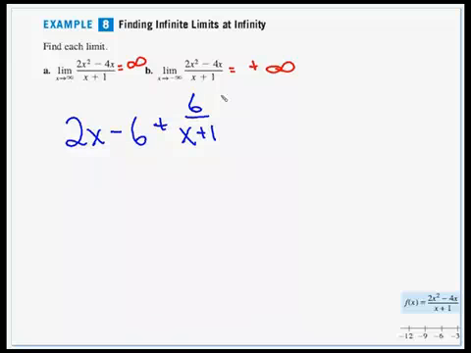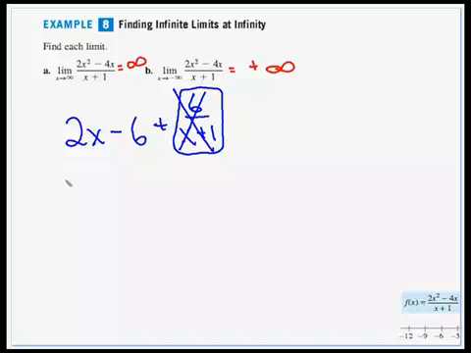And so again, when we think about heading off toward positive and negative infinity, it doesn't matter which direction we head, positive or negative. This term on the end here, when we're dividing by this quantity x plus 1, no matter if x is positive or negative, that's going to divide into that 6 and just wipe it out.